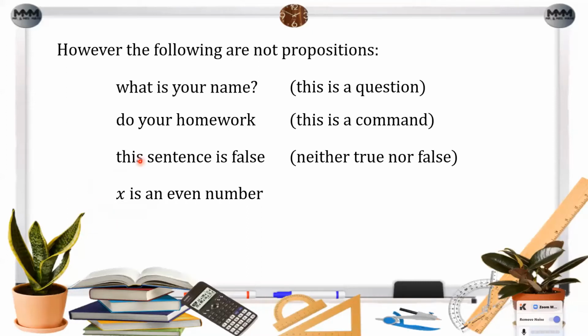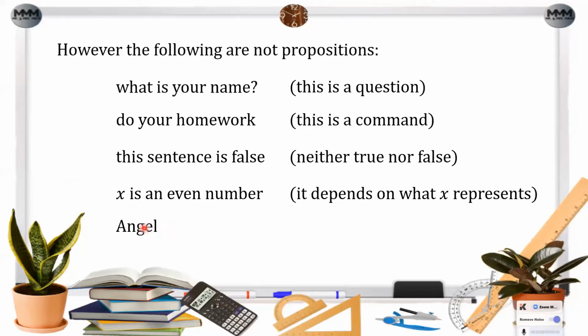It is just a representation of a number, so any value will do here. Hence, it depends on what x represents. We cannot tell whether this is true or false because we don't know the value of x. It is not just an even number. So in this case, this is not a proposition.